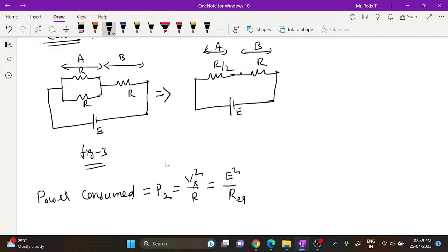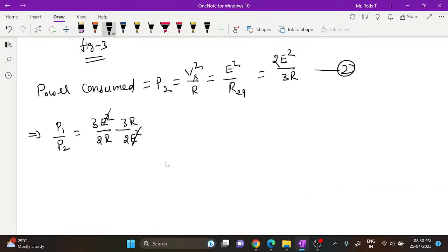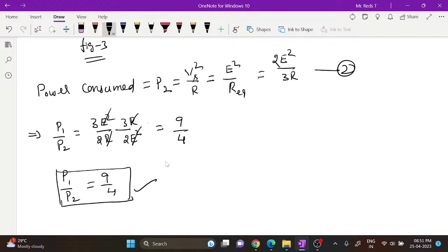This is identical to a single equivalent resistance of 3R by 2 connected to the same DC source, so P2 is 2E square by 3R. E square, R gets cancelled. We get 3 into 3, 9, and 2 into 2, 4. So the ratio of power consumption in both cases is 9 by 4, or 9 is to 4. I hope it is clear for you guys.